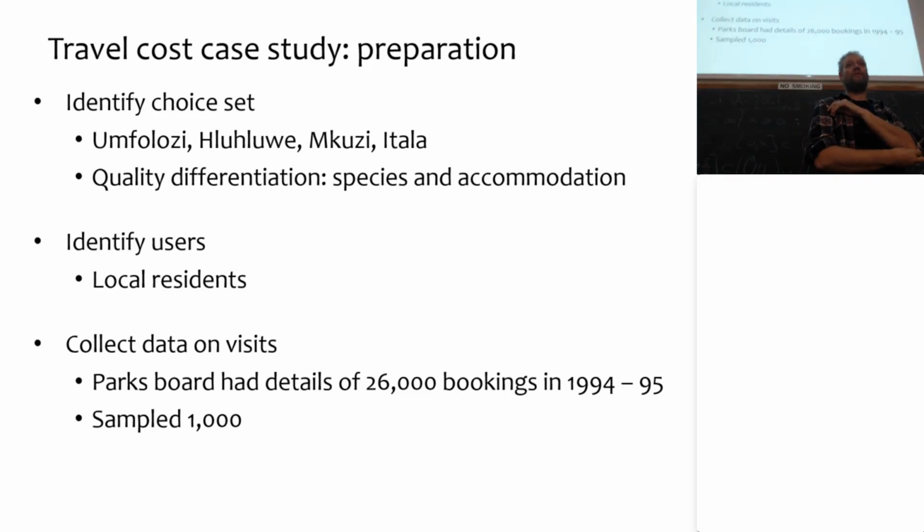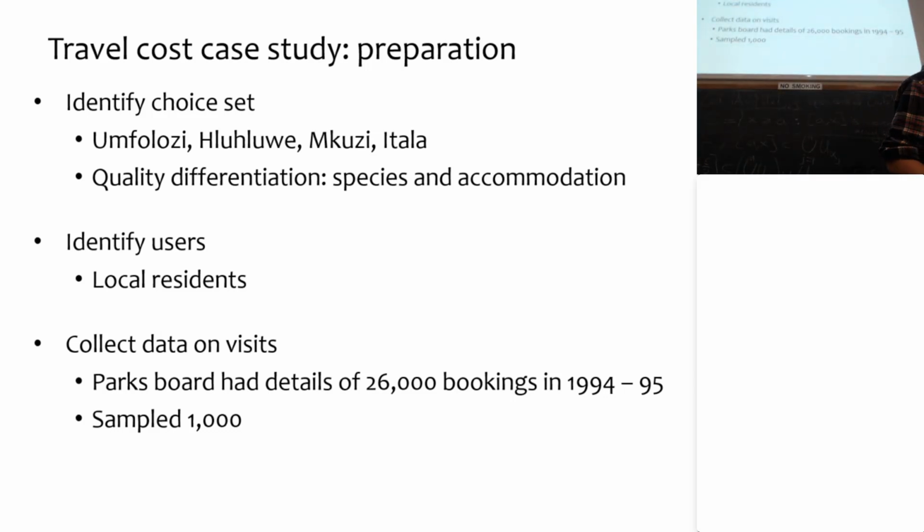This is the stuff that people can pick from, and that is these four parks. And they are different. There are different species that you could see there. And some have a more luxurious hotel near or in the park, and others have fairly basic accommodation.